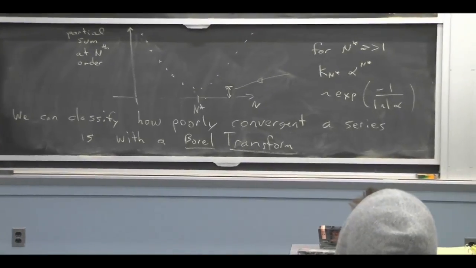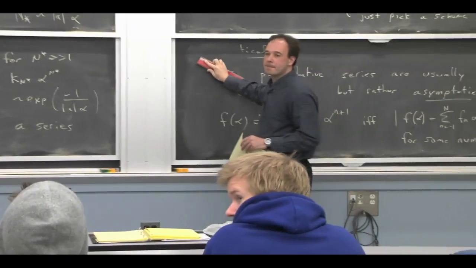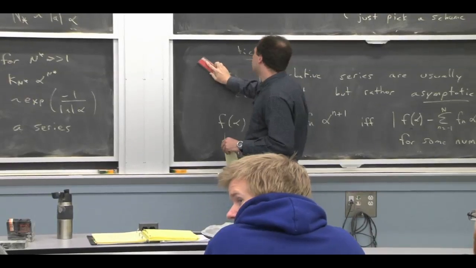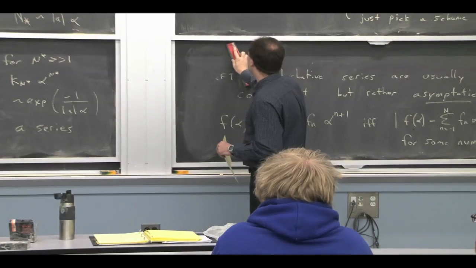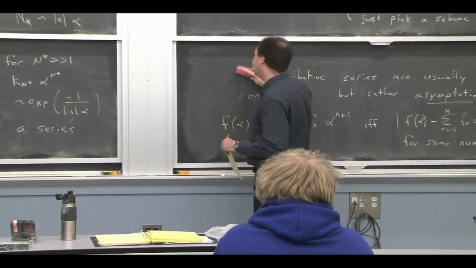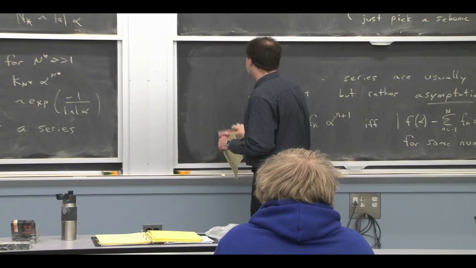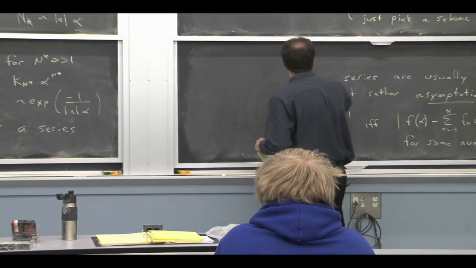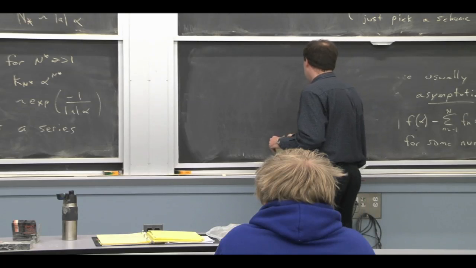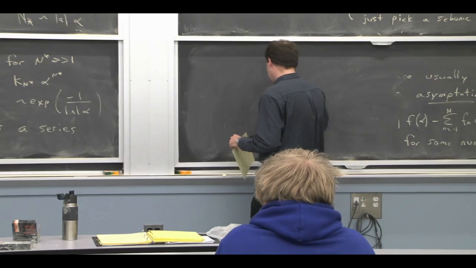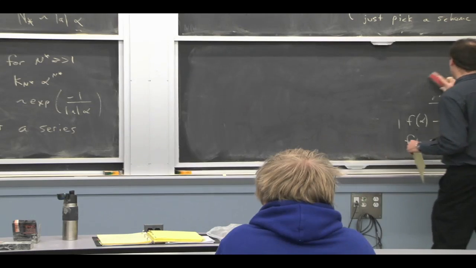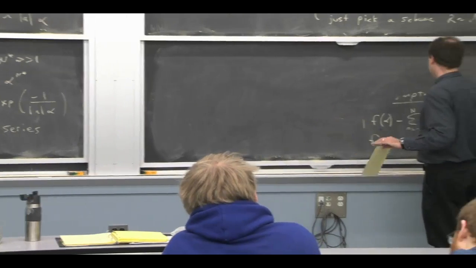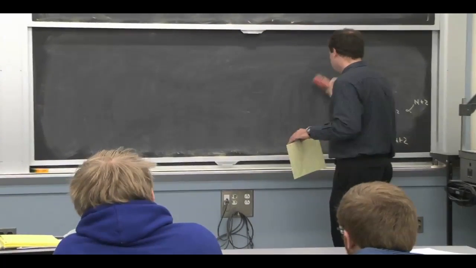Yeah. We use the 1S mass. Will the series still be asymptotic? So, it is still asymptotic, but in a way that I'll describe once we understand what this Borel is.